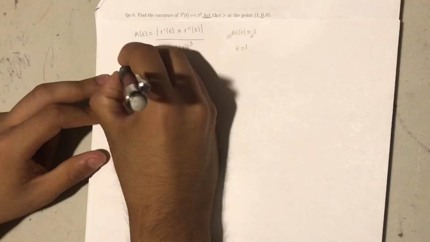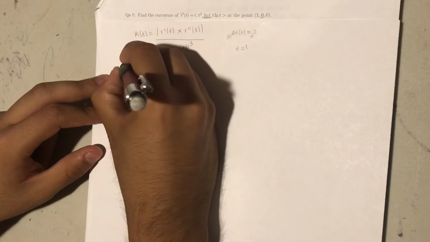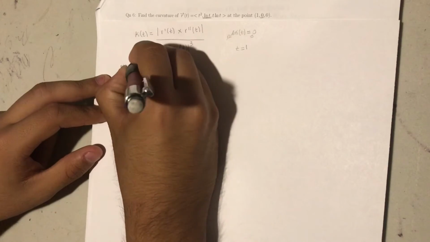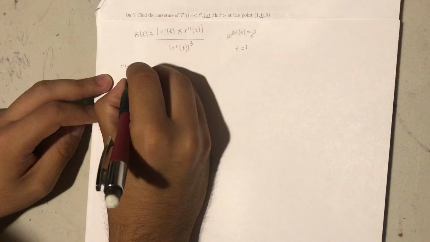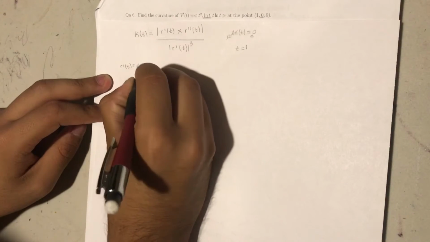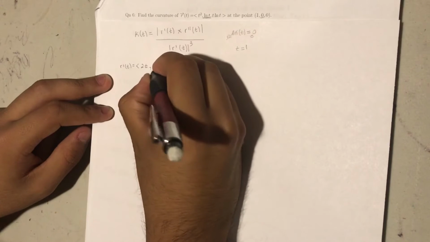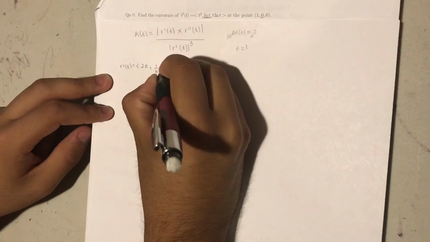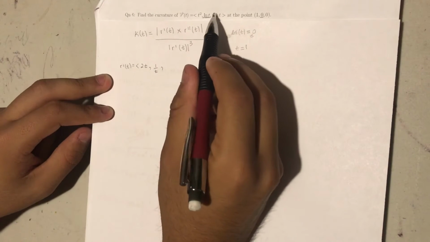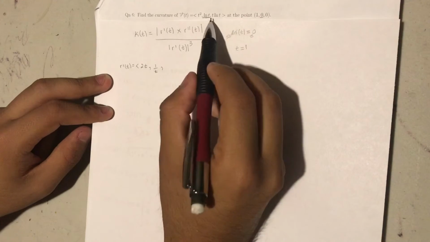So then we can find r prime of t, which is 2t. The derivative of ln of t is 1 over t. And then we have a product rule.